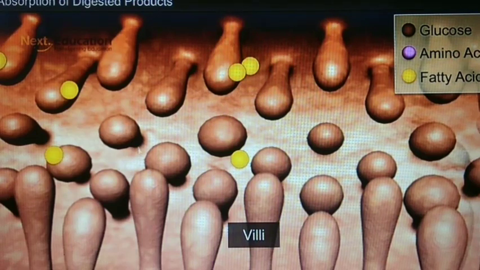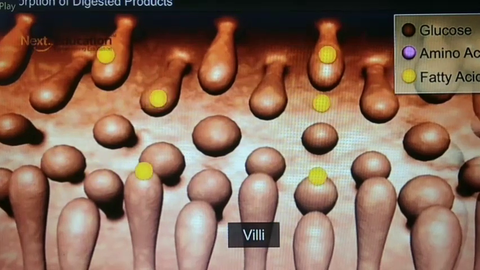Now there are certain molecules, that is, fat molecules, the simplest form of fat molecules. They cannot be digested or absorbed in the way other nutrients like amino acids or glucose are absorbed. So the absorption of fat is a little different from the absorption of other nutrients, and we will see how fat molecules are absorbed into the intestine.